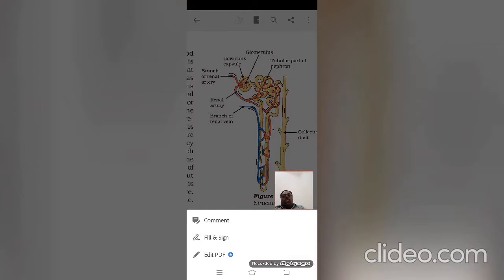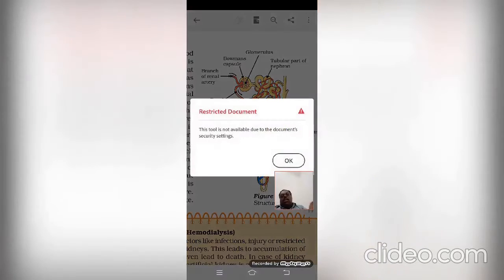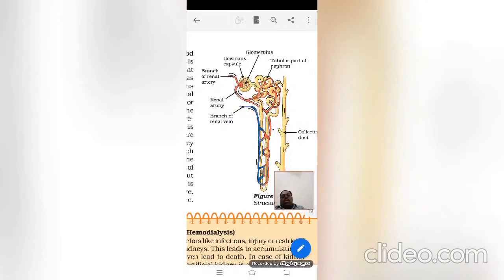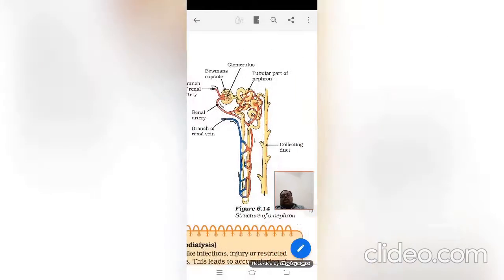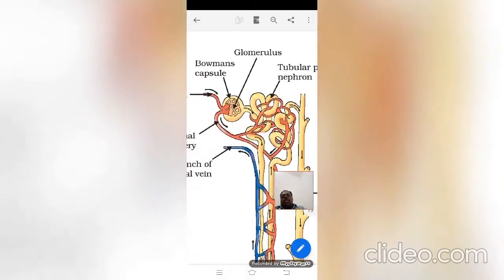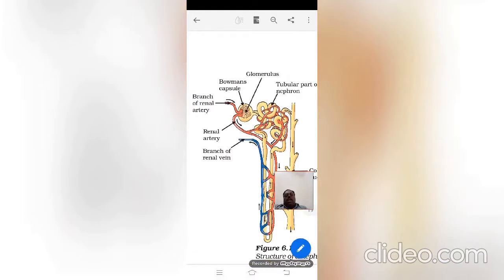This particular part is known as the Bowman's capsule. I can't use the pen now because of some security features, I don't know. Whenever you see this Bowman's capsule, you can see a network of structures going inside.